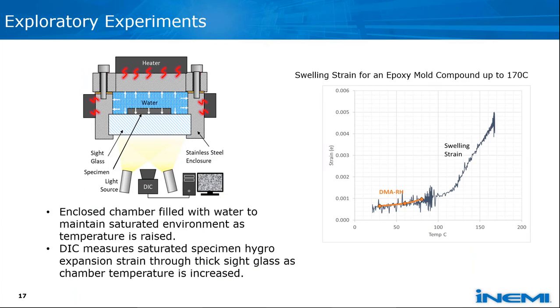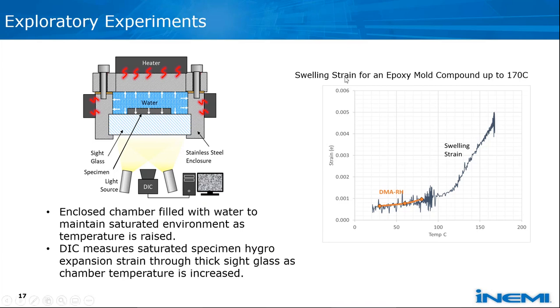So we had conducted some early exploratory experiments to see what is possible by trying to use an enclosed chamber and maintain a water-saturated environment for the specimen while using external heaters to heat up the sample. The strain plot on the right shows you the results. The measurement is done through DIC using this sight glass that you have at the bottom of the chamber.